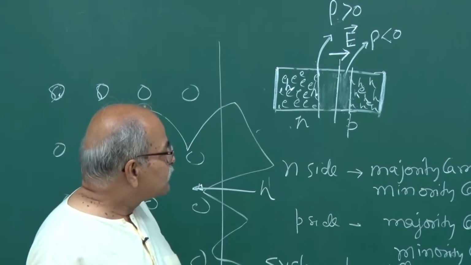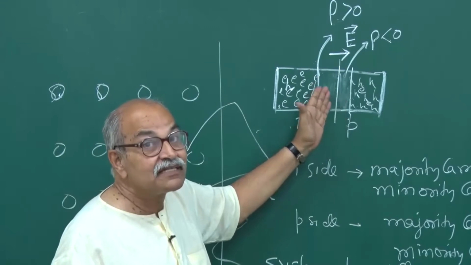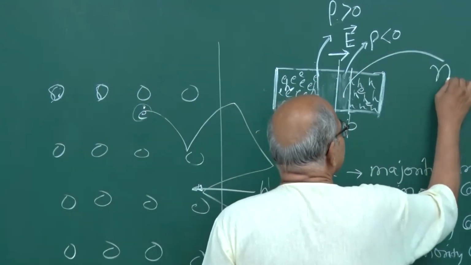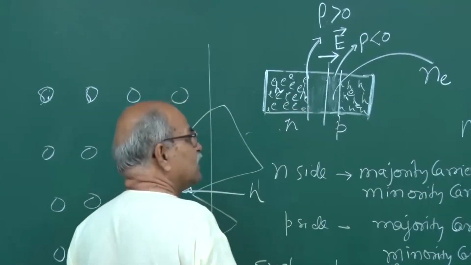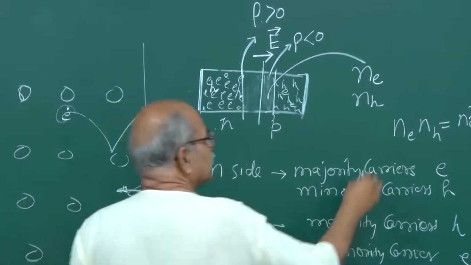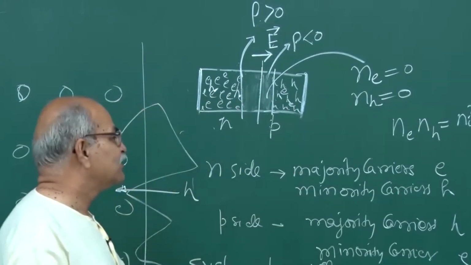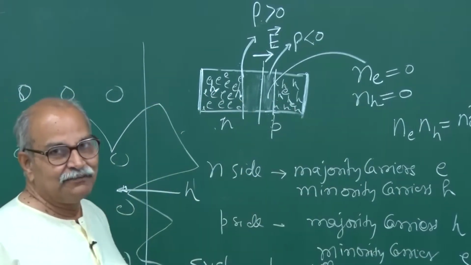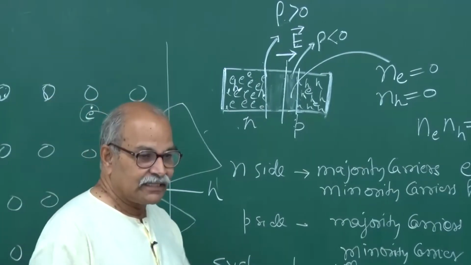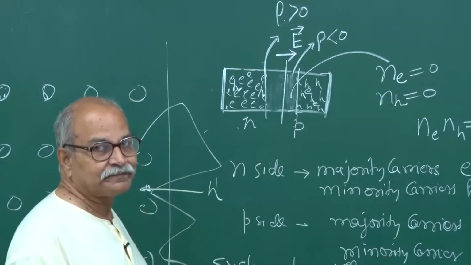So, what you find is, yes, there are charge densities, but you do not have charge carrier density. So, the number of electrons per centimeter cube, or number of holes per centimeter cube, this becomes 0. 0 means negligible, 1 or 2 here and there may still be there, but not enough to be observable in a circuit. So, this is almost 0.